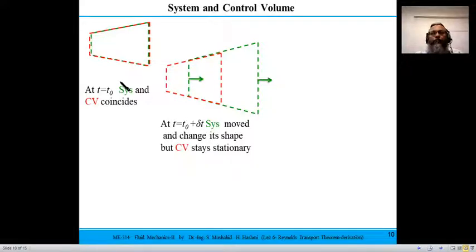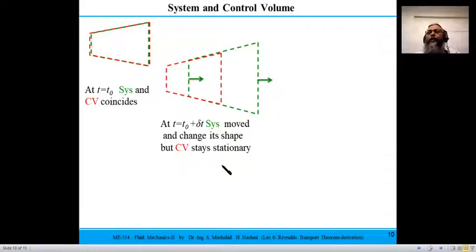As you see, the region of interest remains the same, but since in this control volume some mass is coming in, some mass is leaving, new mass has entered into this region, and some of the mass has left this region. So at time t naught plus delta t, the system has moved. Obviously, its size and shape has changed, but the region of interest, that is the control volume, remains the same.